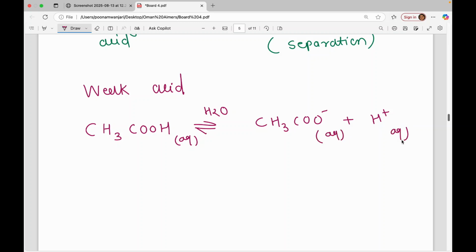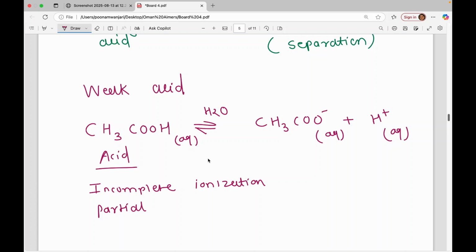As it is acid, there will be dissociation, there will be ionization, but students, the interesting fact is that there is incomplete dissociation, incomplete ionization. Separation of ions is there, but not completely, or we call it partial ionization.